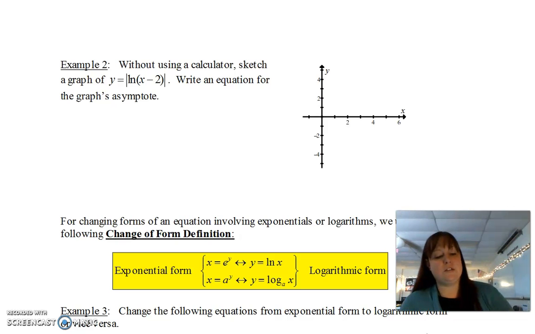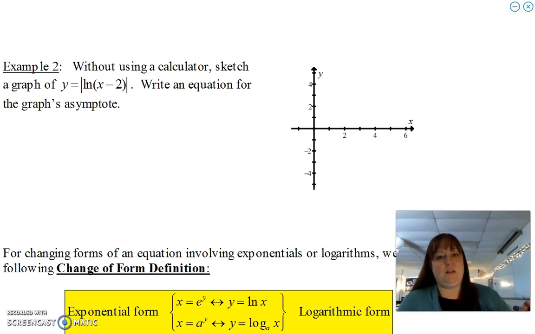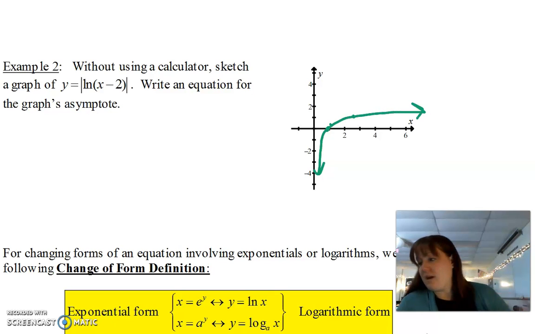Okay, so first things first, let's sketch, I'm just going to do it in a lighter color, the graph of ln of x. Okay, so it crosses there, has an asymptote there, and when x equals 2, y equals 1, so that's the sketch of ln of x, correct?